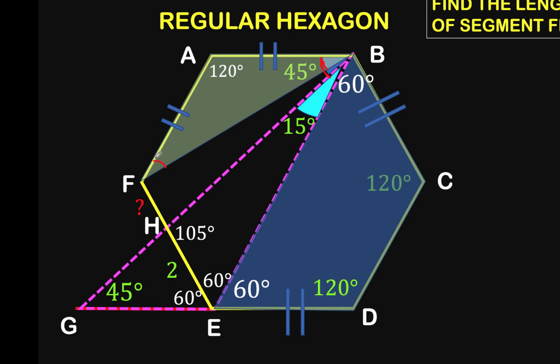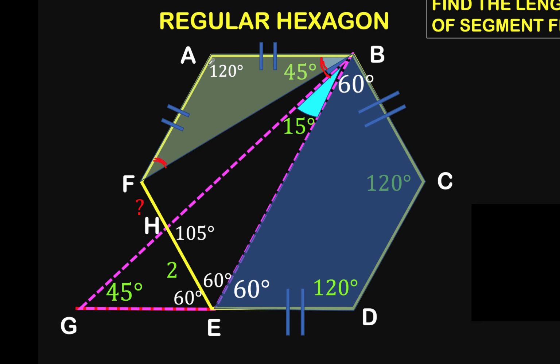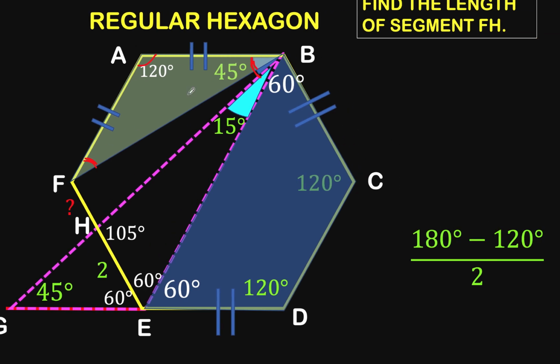So how can we know what is the measure of this base angle, knowing that this angle here is 120 degrees? What we are going to do is subtract this 120 degrees from the sum of the three angles of a triangle, which is 180. That will give us the remaining angles, this angle and this angle here.